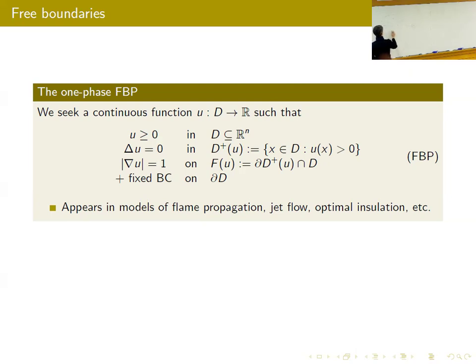In the region where it's strictly positive, it satisfies the equation for harmonic functions, Laplace u equal to 0. On the boundary of the positive phase, which is known as the free boundary, it satisfies, in addition, a constant gradient condition. Note that on the free boundary, the function is overdetermined. It's both 0 and the gradient is 1. And so the free boundary is part of the unknowns of the problem. It cannot be just fixed in any place because you would get an overdetermined PDE.